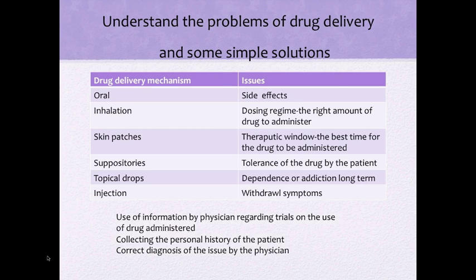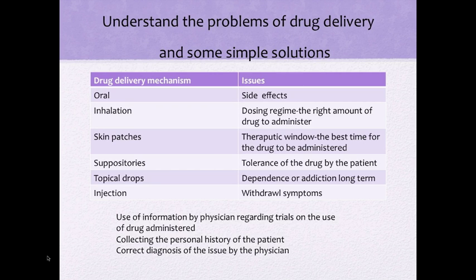Most oftentimes, they're delivered orally, by inhalation, by breathing it in, by a patch put on the skin, by a suppository, something put in the digestive system, by drops, or by injecting the pharmaceutical directly into the bloodstream of the mammal.